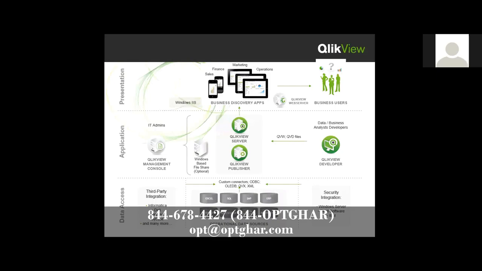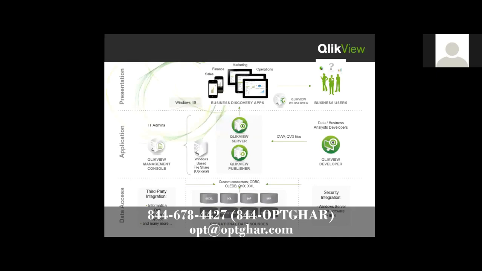An app is a module or a presentation layer which contains charts, analytics, dashboards, which is available to the user. Then we have the application layer, wherein we have the QlikView management console, or the configuration, QlikView server. So we have various components of QlikView architecture.